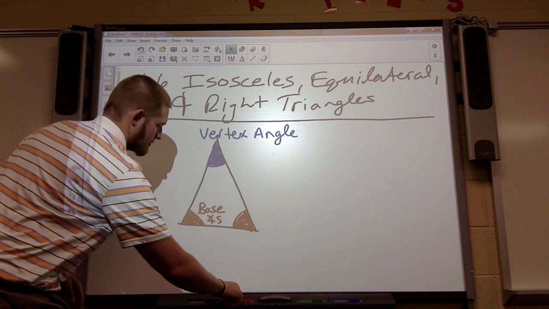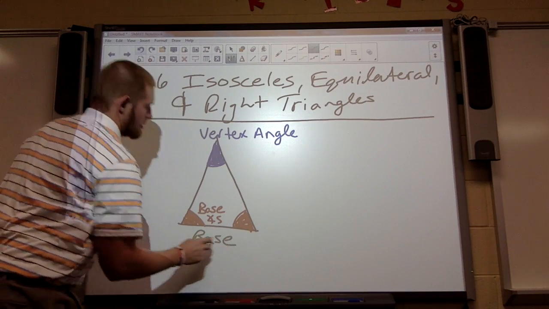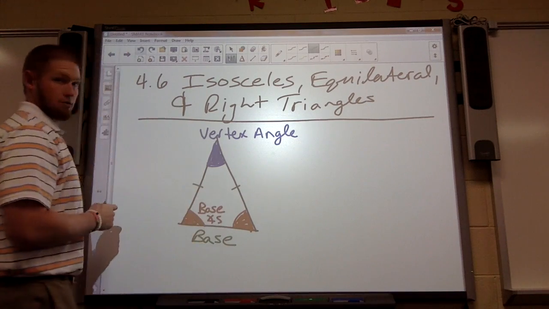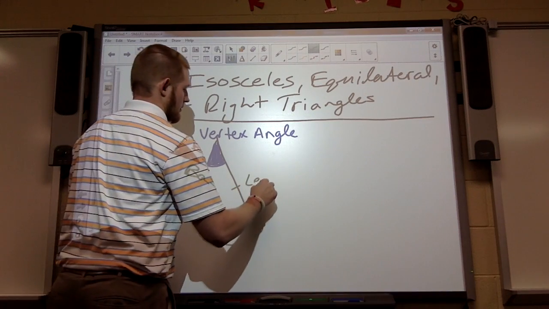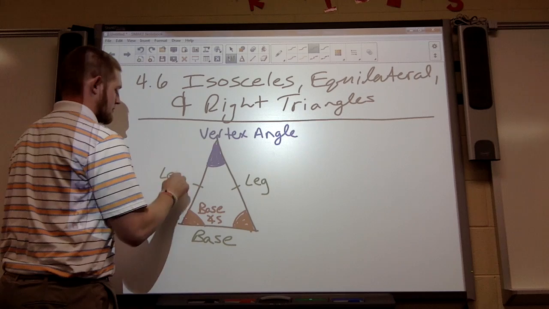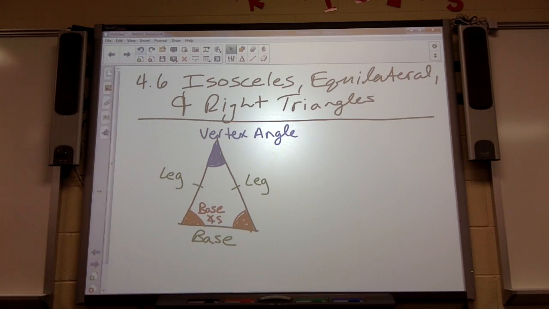Once again, the bottom here is called the base, and these are congruent to each other. The isosceles triangle, we've already talked about that. These are our legs. So just a quick diagram there for you. Take a look at the names of the parts of an isosceles triangle.